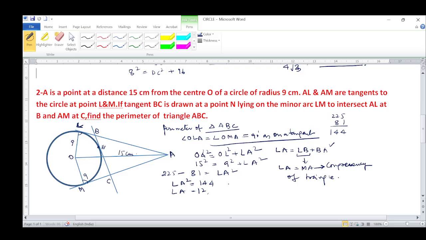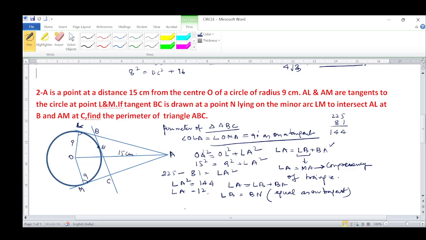So LA is equal to LB plus BA, and LB is equal to BN. These are tangents from an external point to a circle, so they are equal.